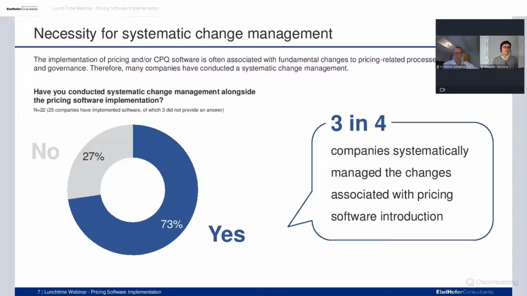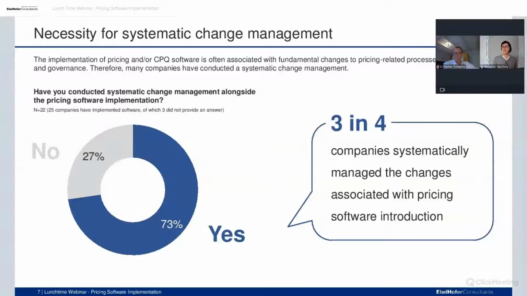And this is probably also the explanation why still many companies say they carried out a systematic change management to get all these different interests aligned within the company and to make sure that they get the buy-in.